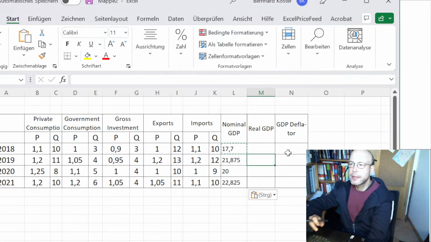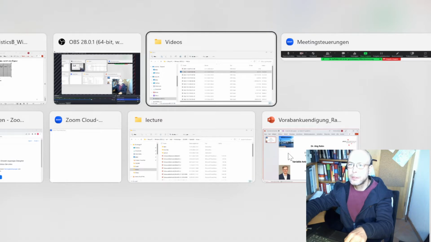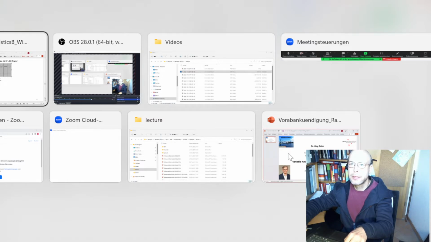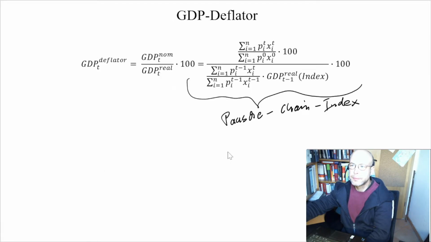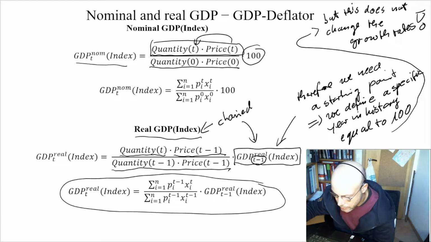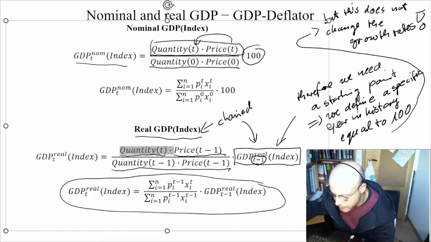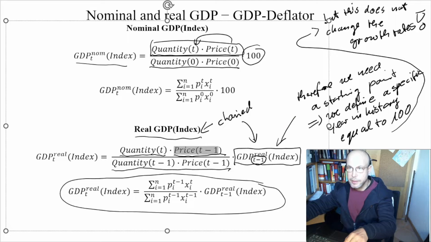So, and now real GDP. How do we have to do this? Let's go to our definition. In this case, what we have to do is to calculate quantity of time t times prices of the former period.